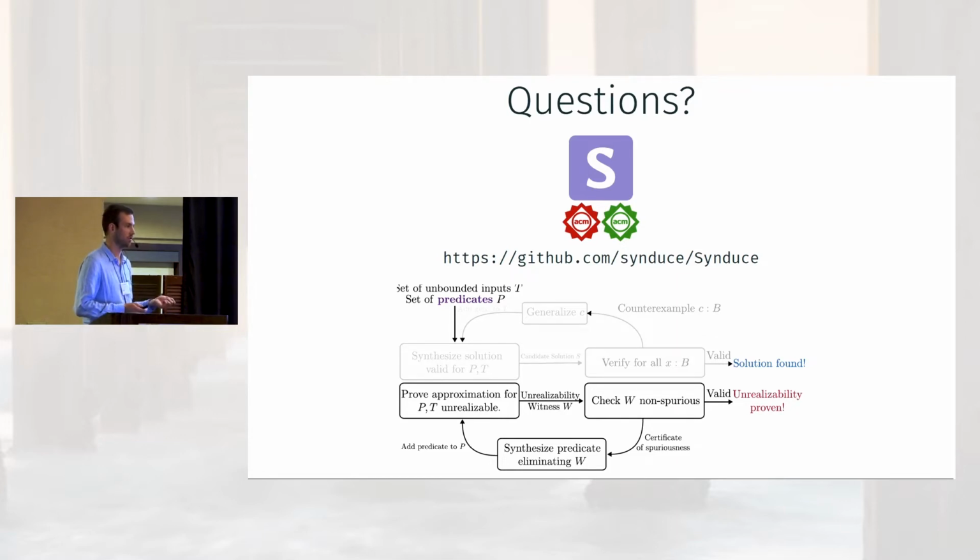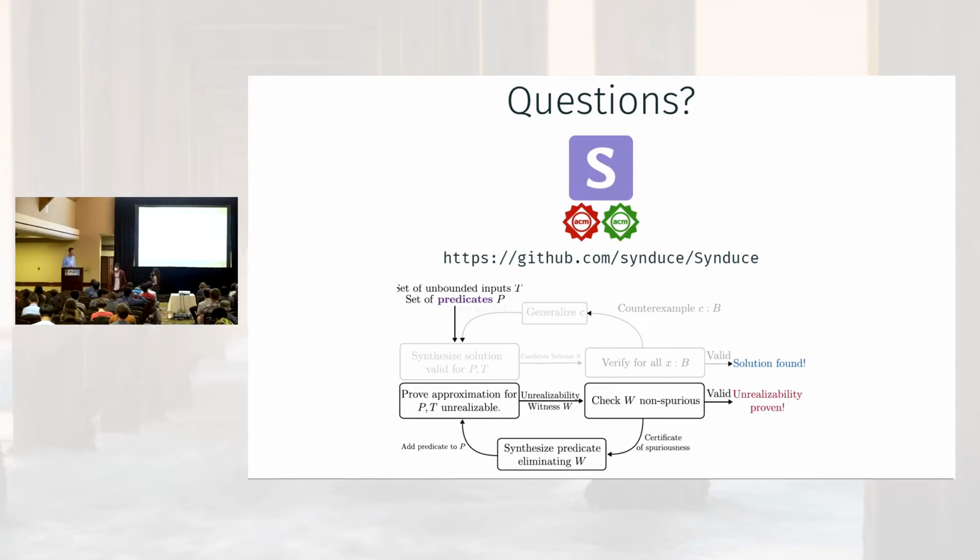And then once you learn a predicate that eliminates the spurious witnesses, you have another approximation. Every time we take the loop on the top, we have another approximation, and every time we take the loop at the bottom, we have an under-approximation in the sense that there's no solution.